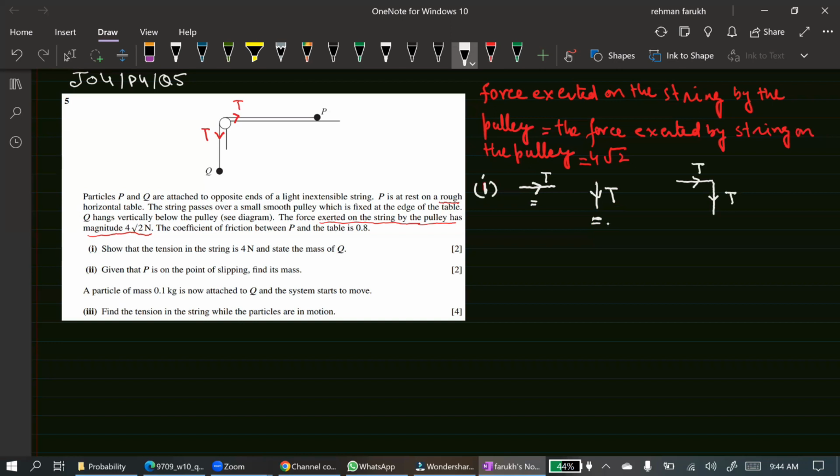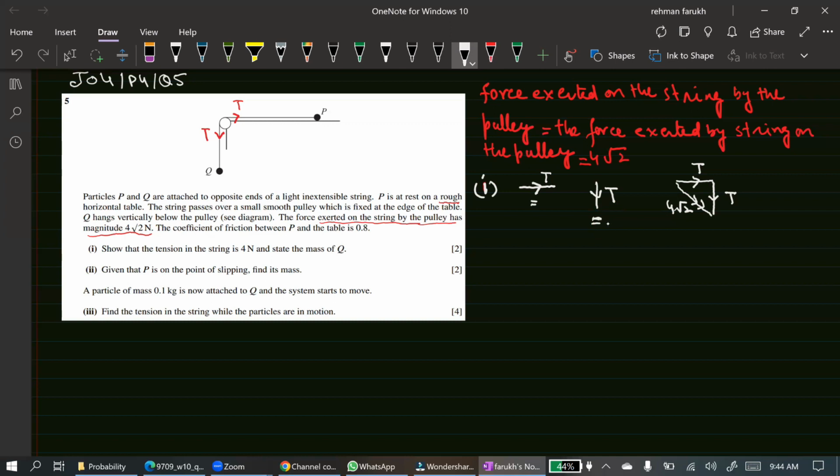This force is T, this force is T, and this one is the resultant of the two tensions exerted on the pulley, with magnitude 4 root 2 newtons.